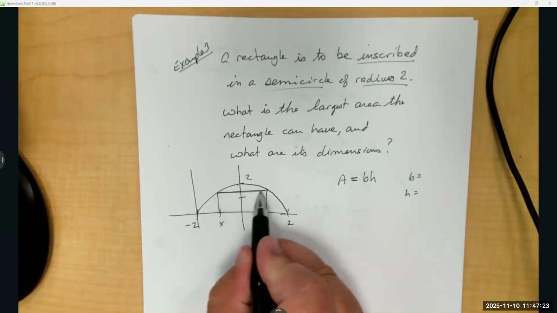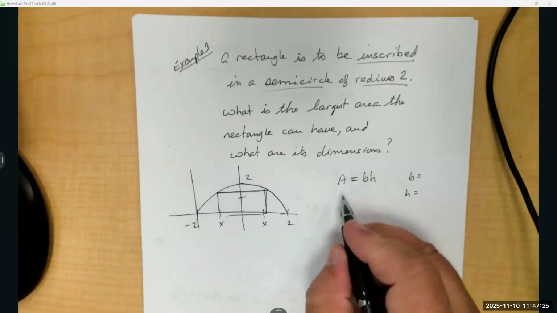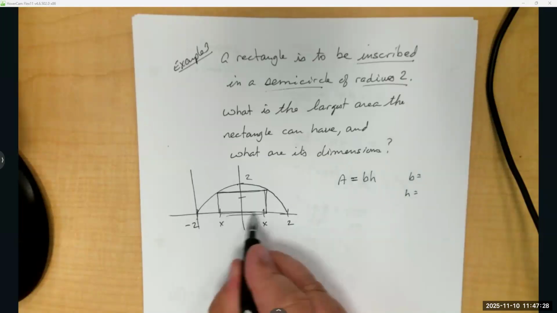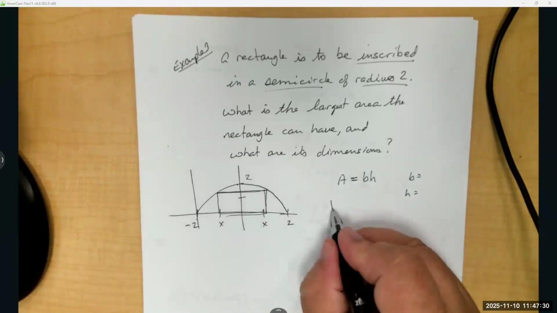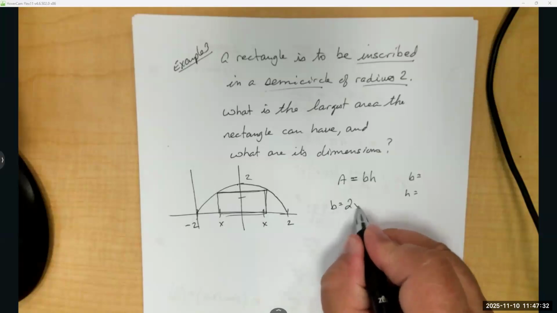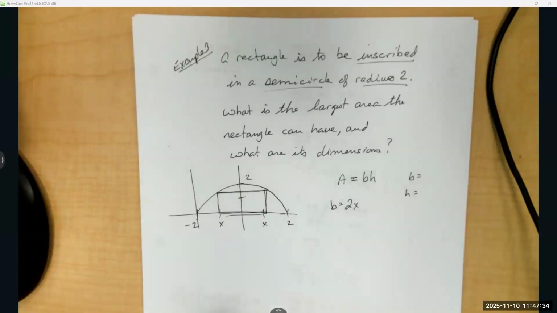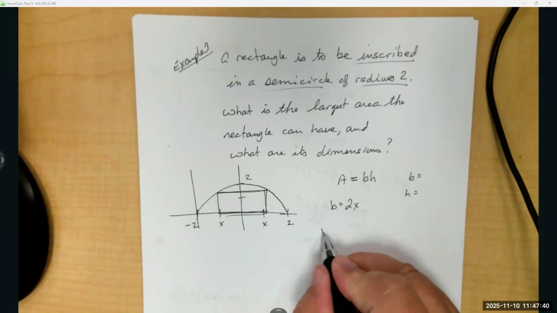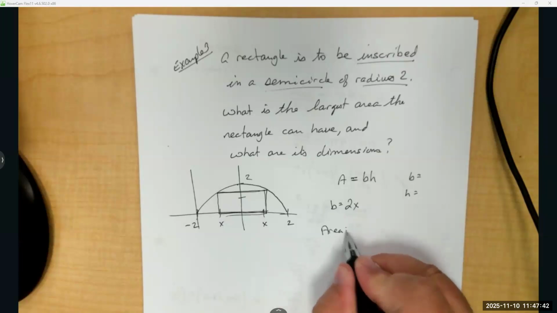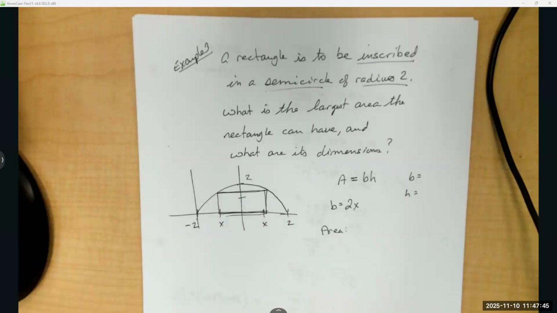So this rectangle, the base is how far? 2x. 1, 2. What else do we know? We know the area formula. The area formula is based on, well, we know the basic formula.